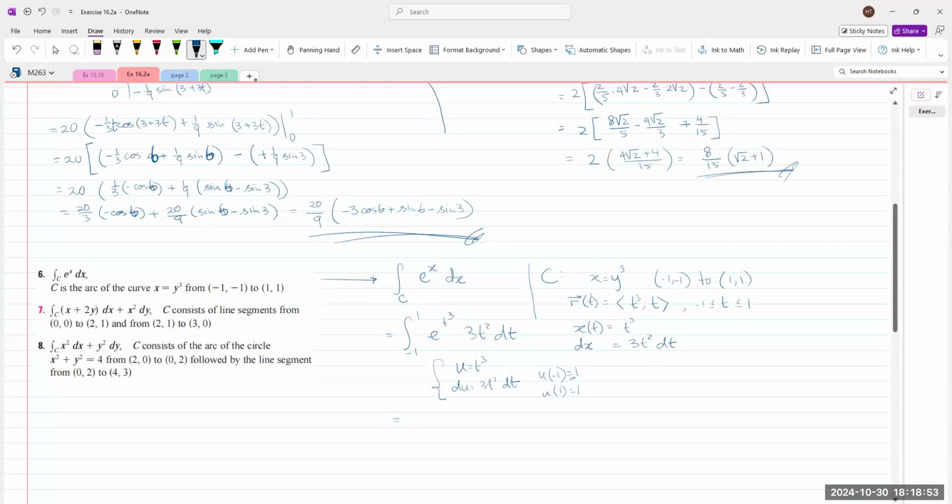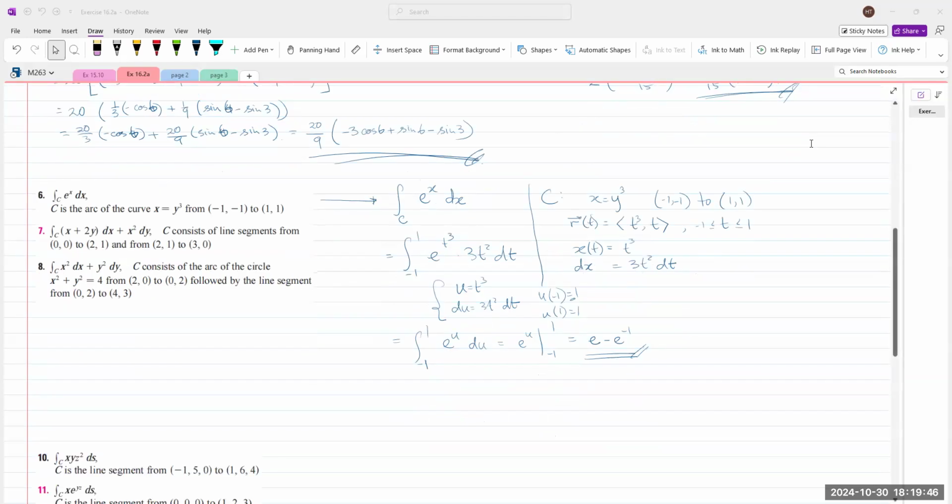So this integral now becomes the integral from -1 to 1 of e to the u du. That's e to the u from -1 to 1, that's e minus e to the -1. Okay. I think number 6 is on the easier side. We were expecting that to be a ds, but instead it's a dx.